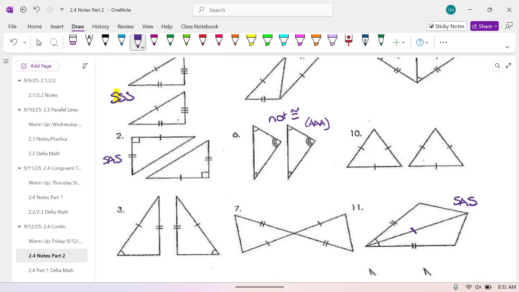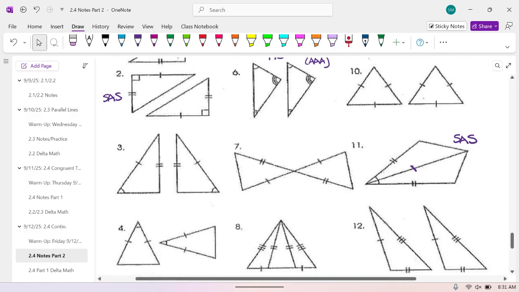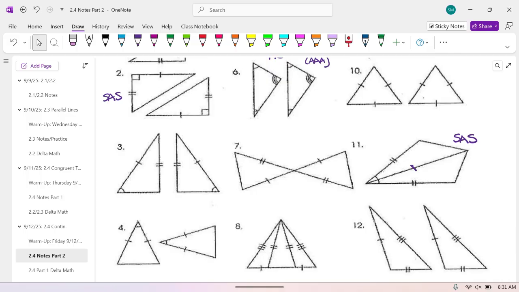What about 3? Yes or no? No, it's not. Why? The angle's not between the 2 sides, so it spells what? SSA.